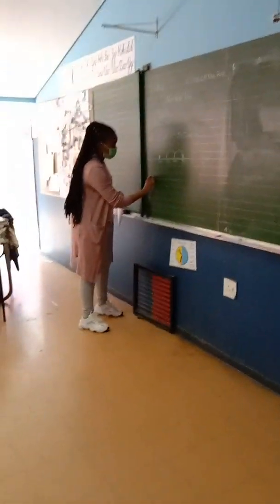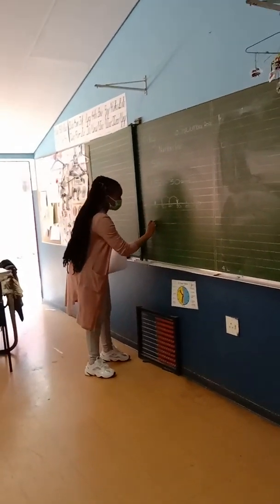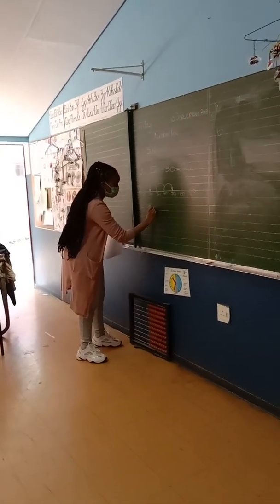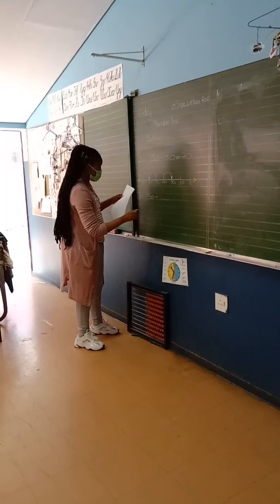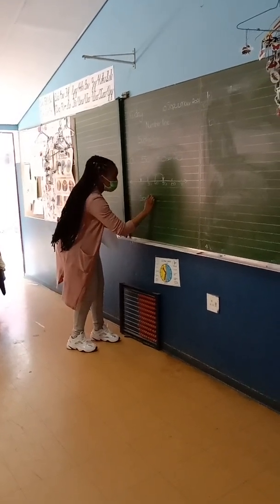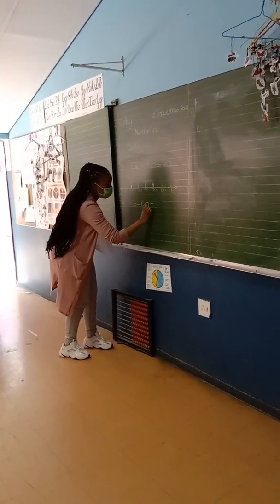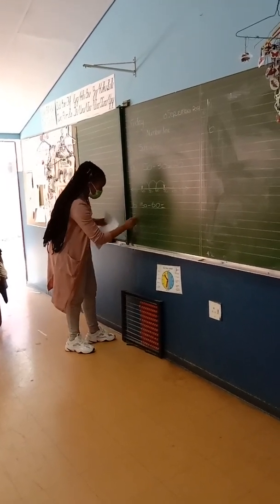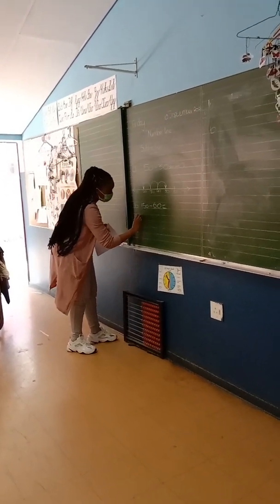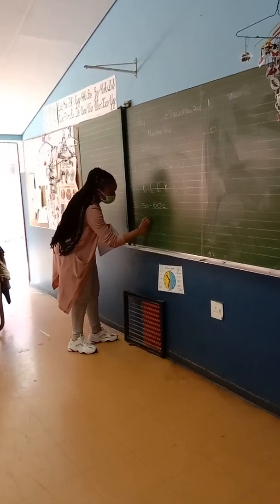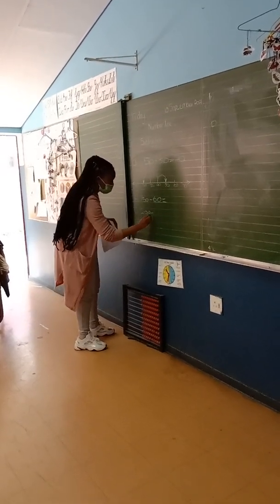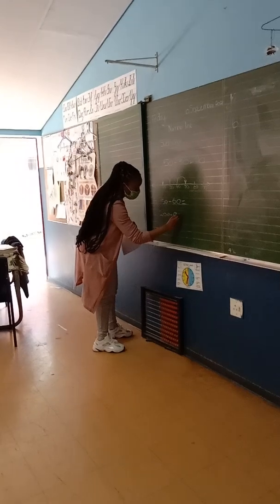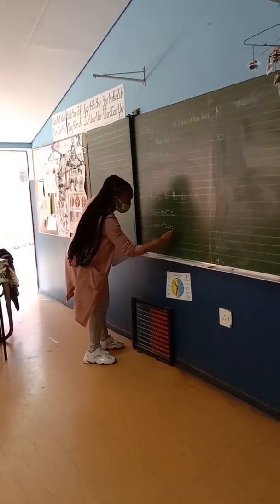This is B. B is 150 minus 60 is equal to. Then you have the C here. C says 200 minus 150 is equal to.